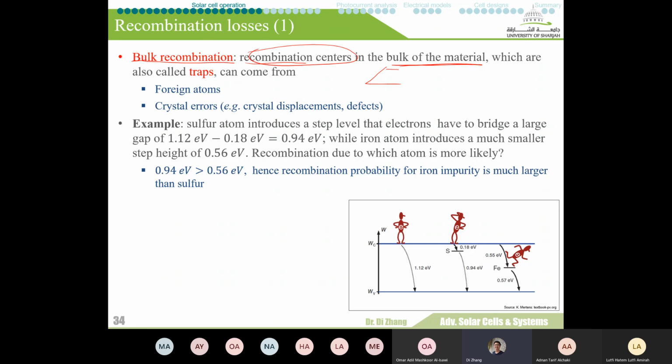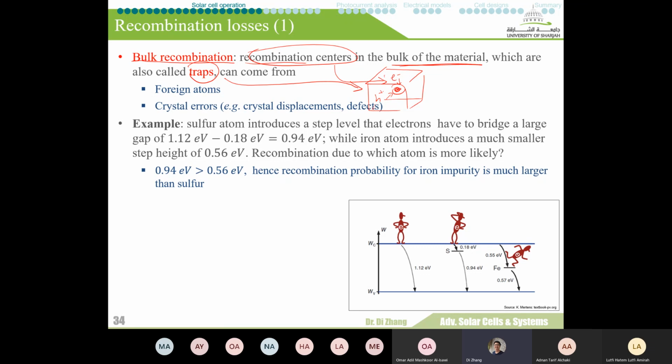So basically, if you have a chunk of material, and inside it you have a specific point where you have the tendency to lose electrons or holes to recombination, then this is the so-called recombination center. There is another name for this. We also call them traps. Carrier traps, or electron traps or hole traps.